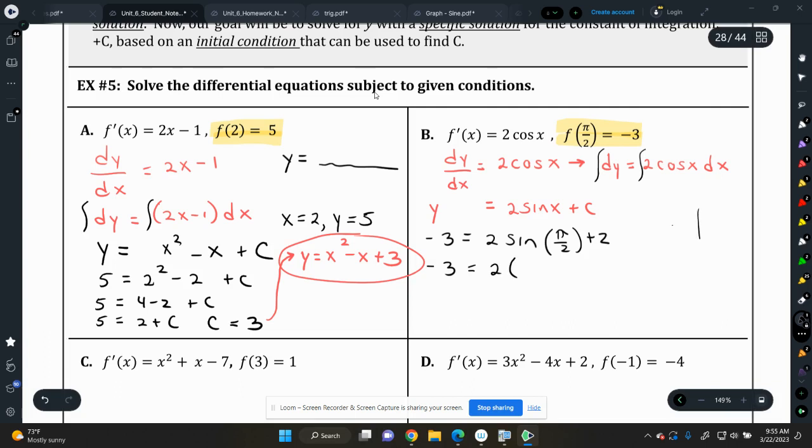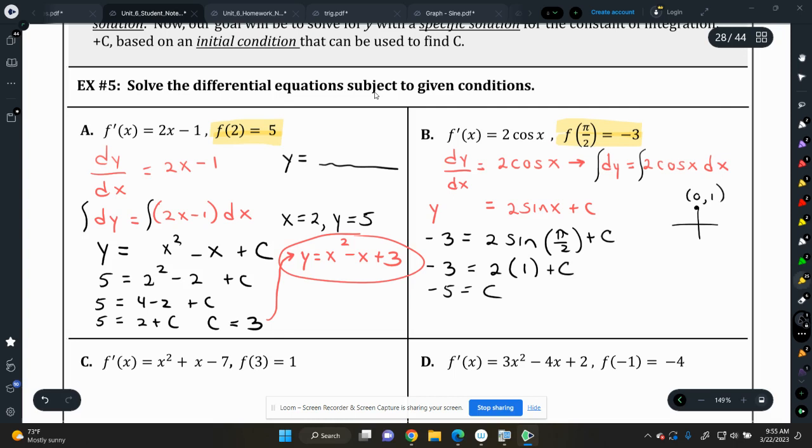Remember your unit circle. Pi over 2 is right here. This is the point (0, 1), and sine is the y value. So that's 1. Oops, I don't know why I wrote plus 2. That's plus c. So we end up with negative 5 equals c.